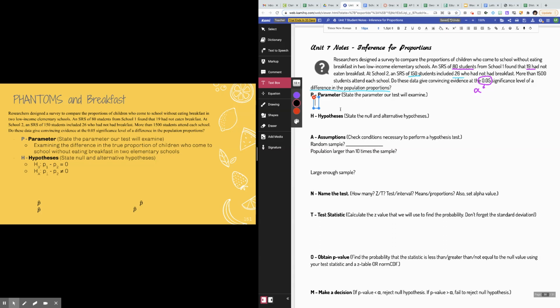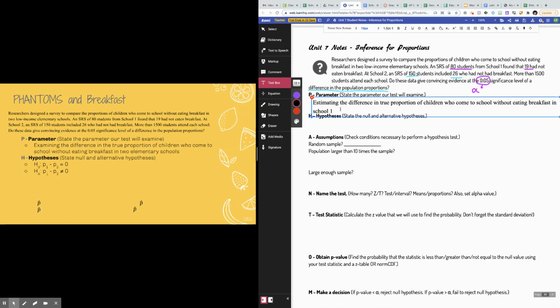So P is the parameter. The parameter that our test will examine here is we are estimating the difference in the true proportion of children who come to school without eating breakfast in school 1, which I'm going to call P1, and school 2, which I'm going to call P2.